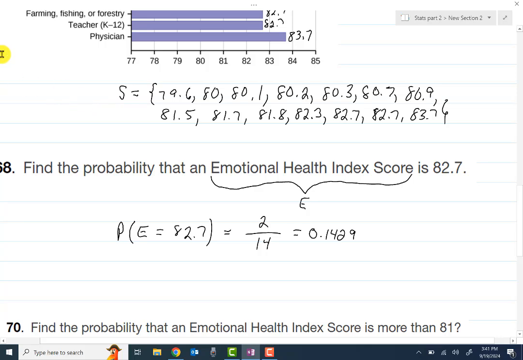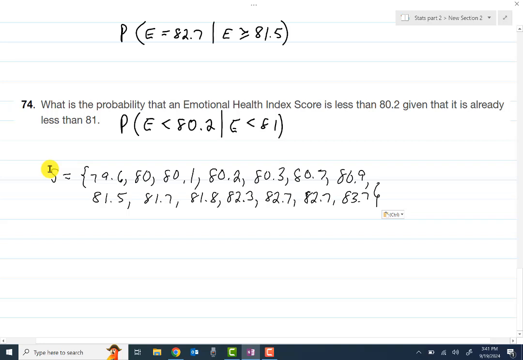Yeah, all of those. So I would like to make an S prime. That means a new sort of sample space. So I'm going to put a prime, and I'm only going to include those items which are less than 81. So all of these guys are gone. Here's my thing. So I've only got 7 to choose from. How many are actually less than 80.2? I have 1, 2, 3 of them.